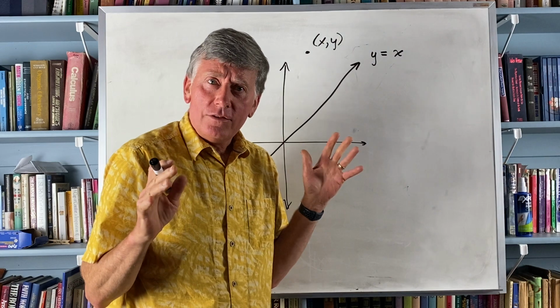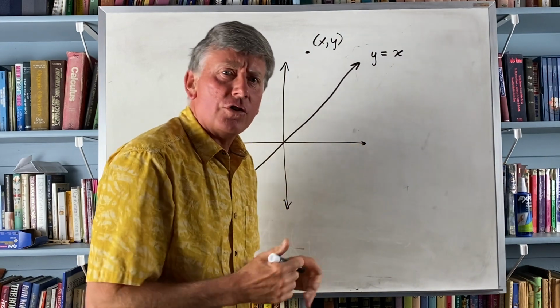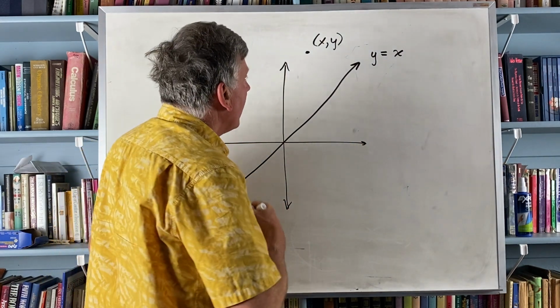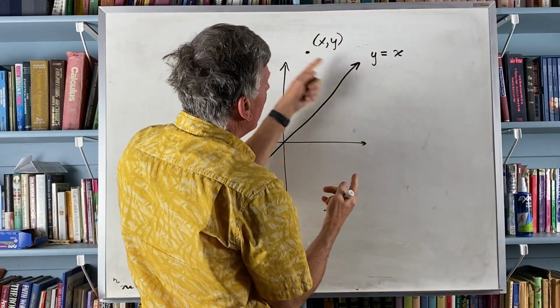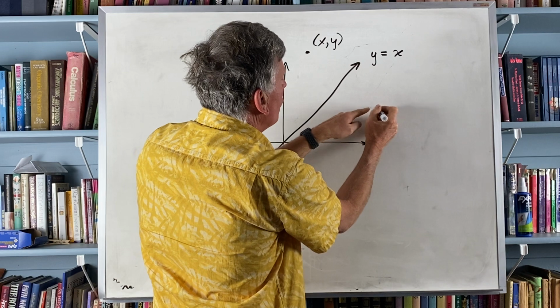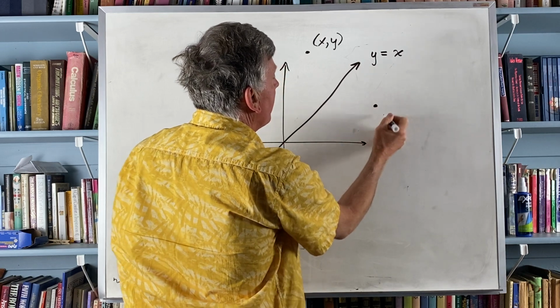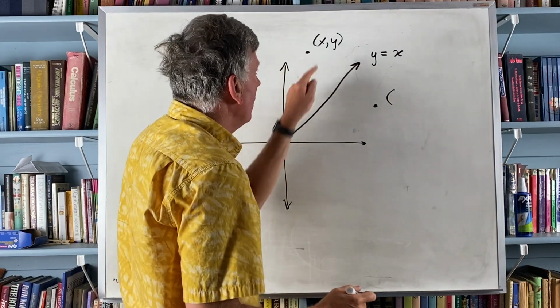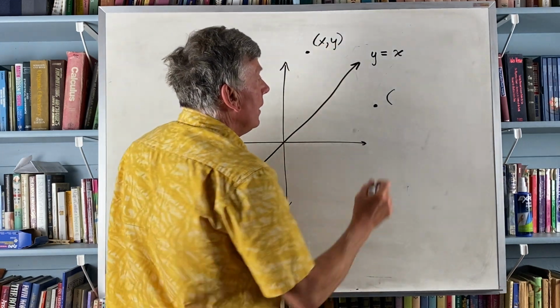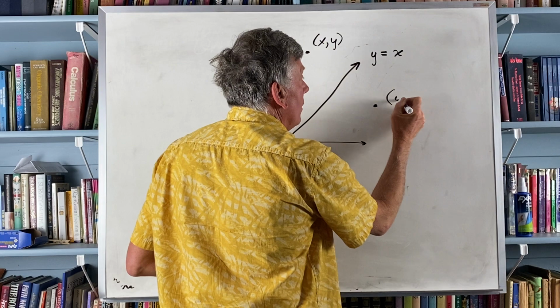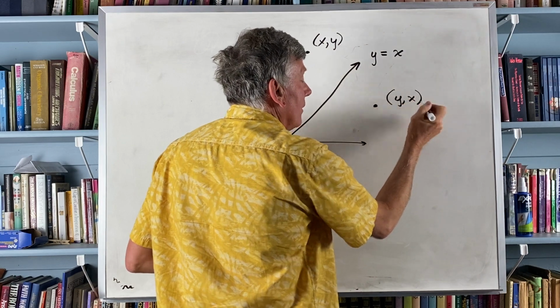Get this idea that if I were to reflect across this line, it's going to come down to a point, looks like about right there. And that point, whatever these numbers x and y are, is going to be y, x.